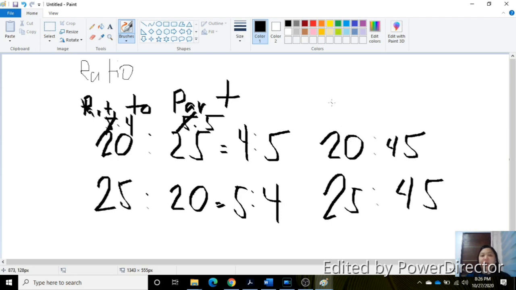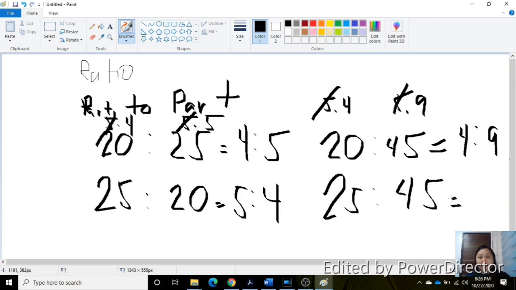Dito naman, dahil 20 ay 5 times 4, and then 45 ay 5 times 9, cancel mo to. Magiging 4 is to 9. Or this one, dahil 5 times 5 yan, and then 5 times 9, this will be 5 is to 9.